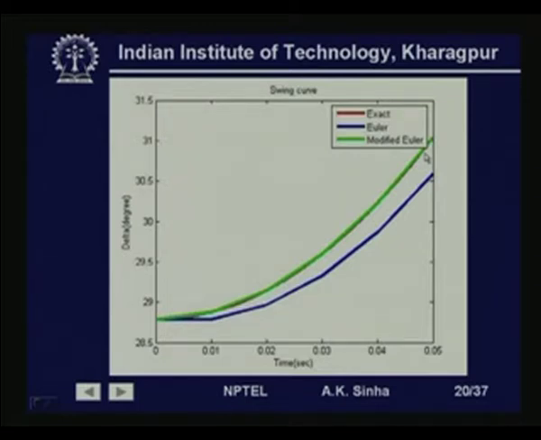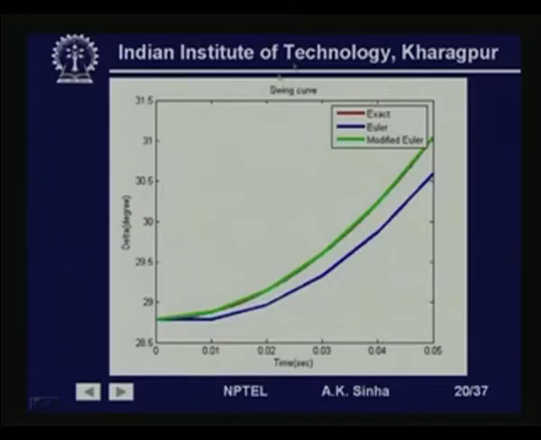So, this is the reason: with a little more computational effort, if we use modified Euler, we get much better results. Okay, so this is how we can plot the swing curve over the period.